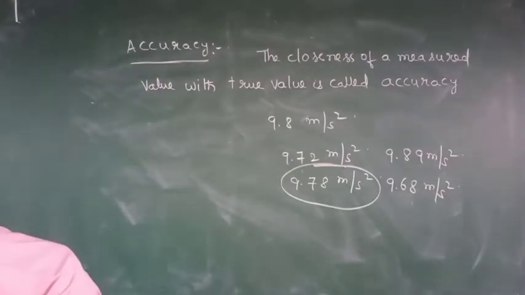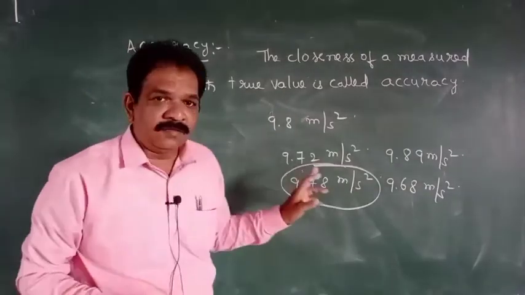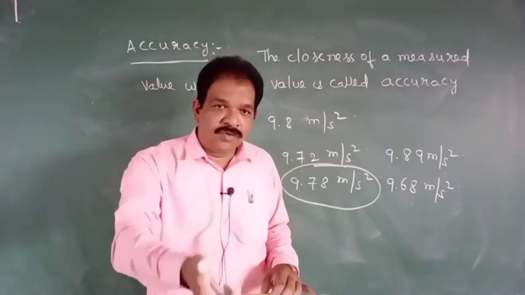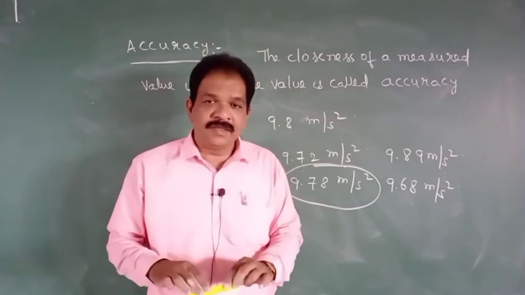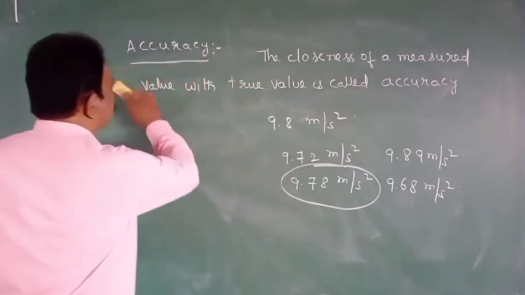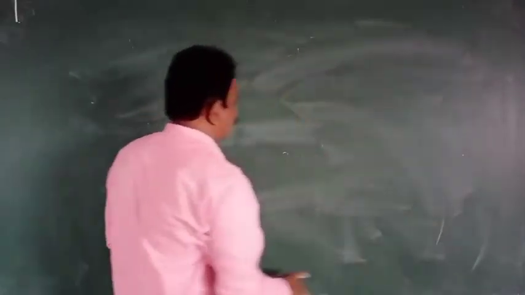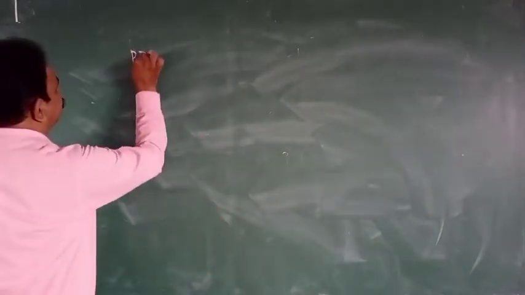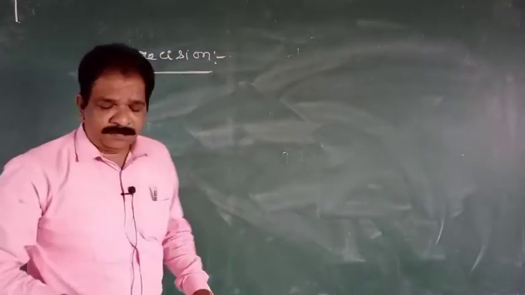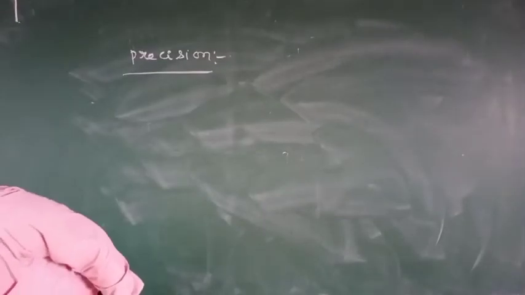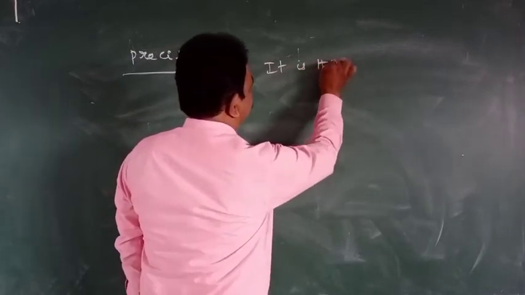Next, after finishing this, what is meant by precision? Understanding? When a measured value is very close to the true, actual value, we can say that is an accurate value. Next, what is meant by precision? How will we define precision?